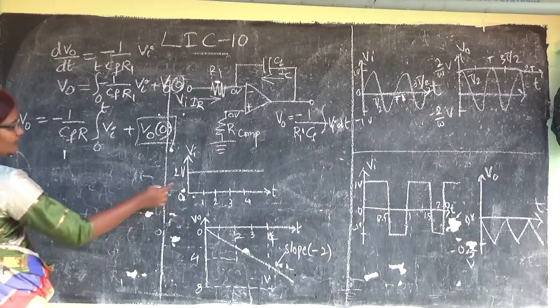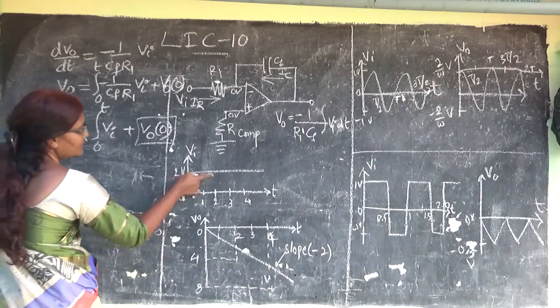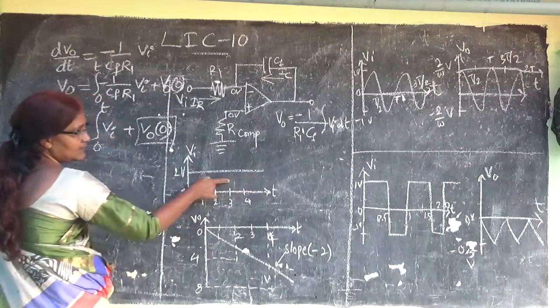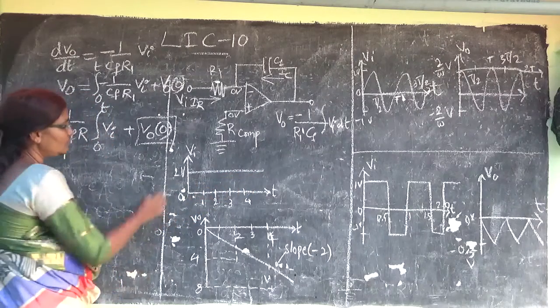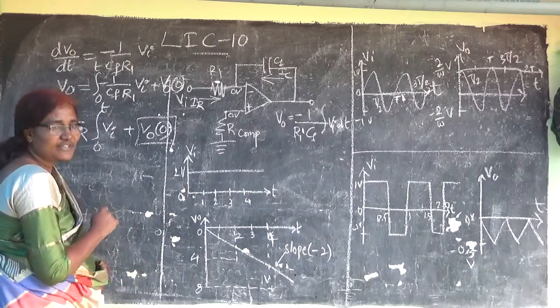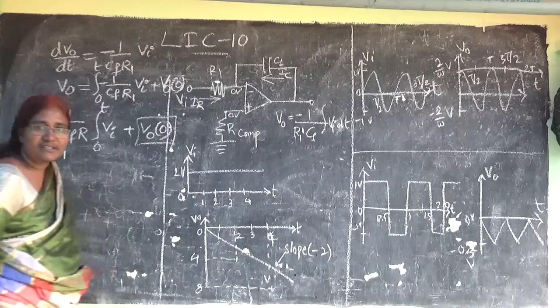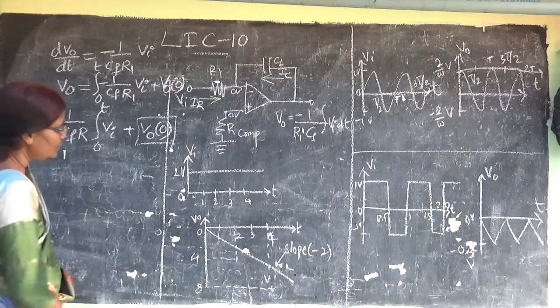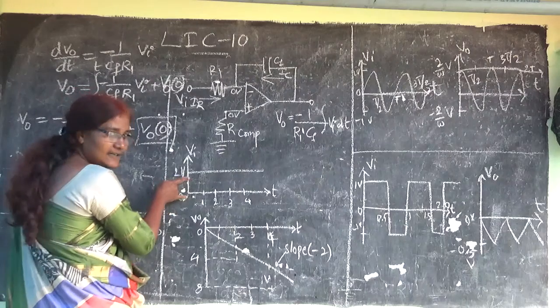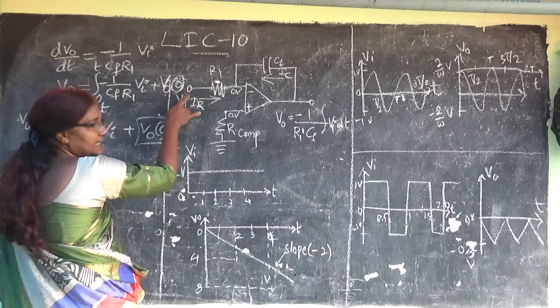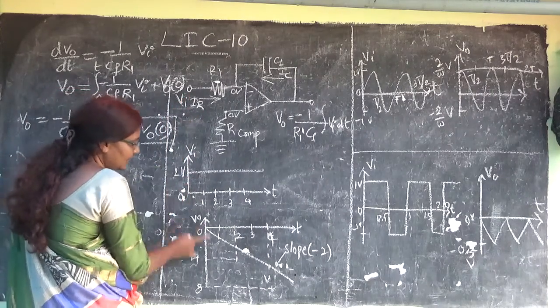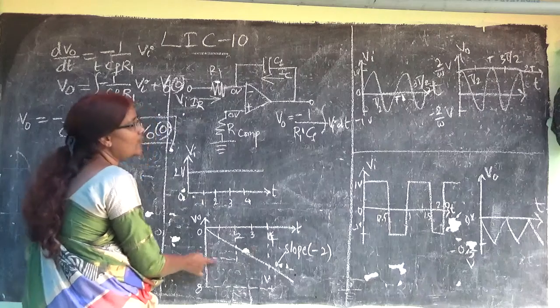So for this unit step function, since there is 2 volts, some step function, the integration of the step function will give the ramp, which you will learn in signals. So if this signal is given to the integrator input, then you will get this signal at the output.